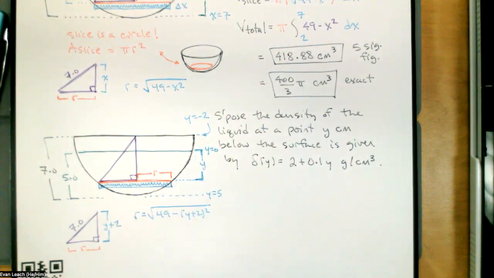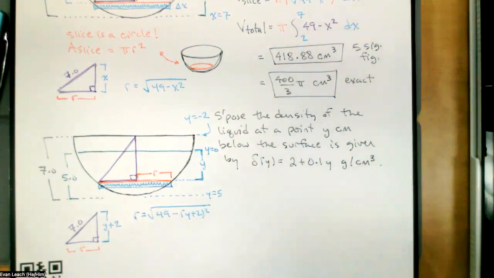All we did was shift where 0 was. So we know that we can substitute the dy integral into the dx integral. If x equals y plus 2, then instead of integrating from 0 to 5, we'll integrate from 2 to 7, like we did in the previous problem. It's all connected.